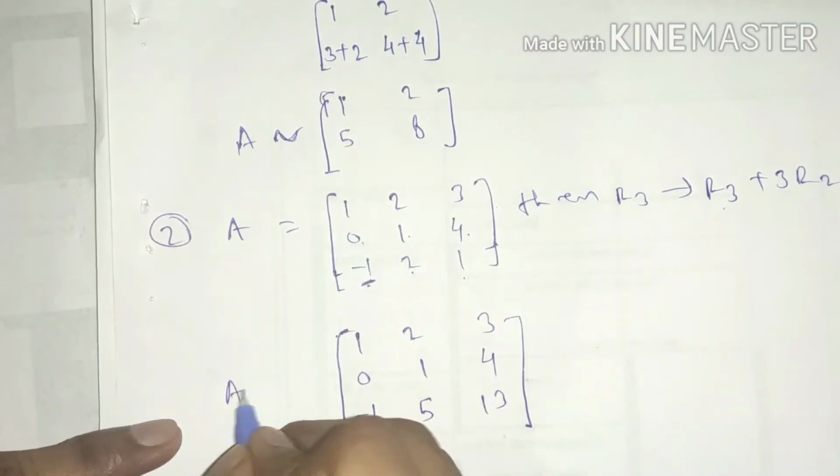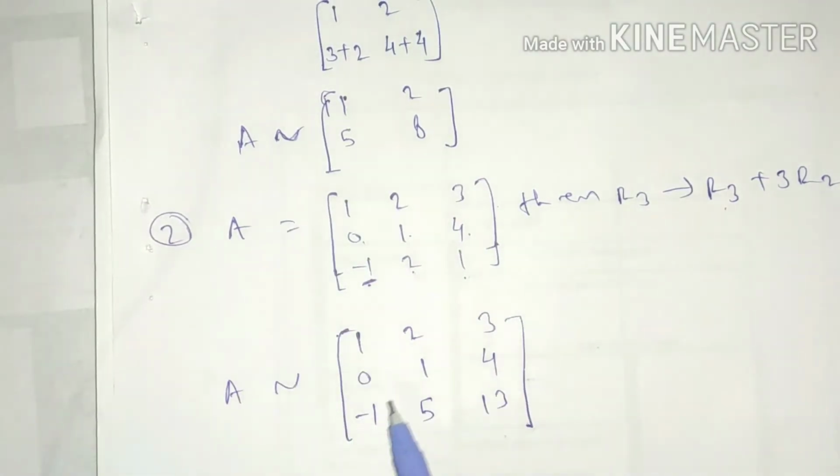So we say the given matrix A is equivalent to 1 2 3 0 1 4 minus 1 5 13.